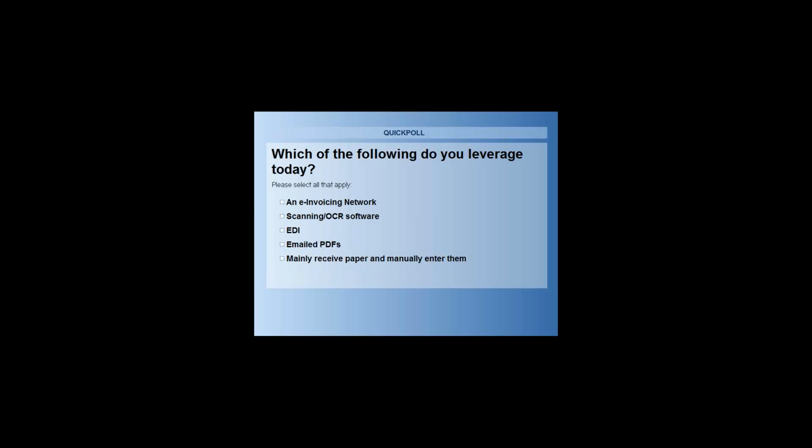Or are you mainly receiving paper invoices and obviously having to manually enter them? So please give us an idea as to what your level of adoption is as far as technology is concerned within accounts payable. We do like to try and get these percentages up nice and high.